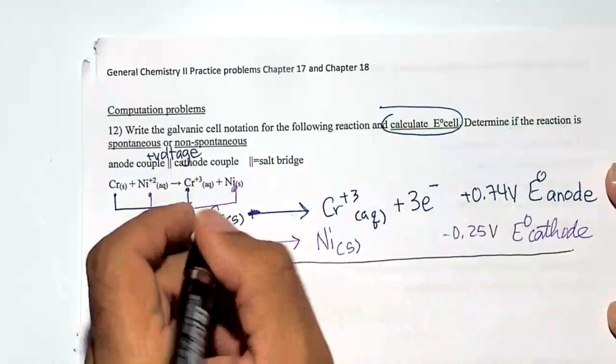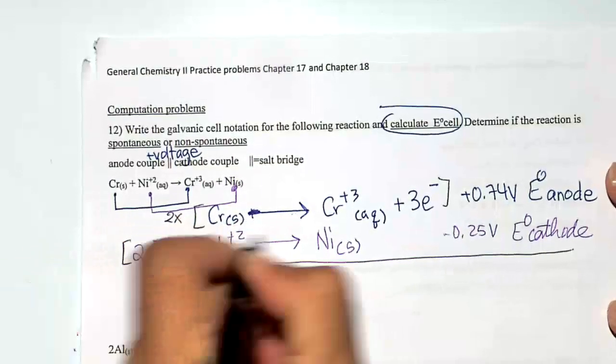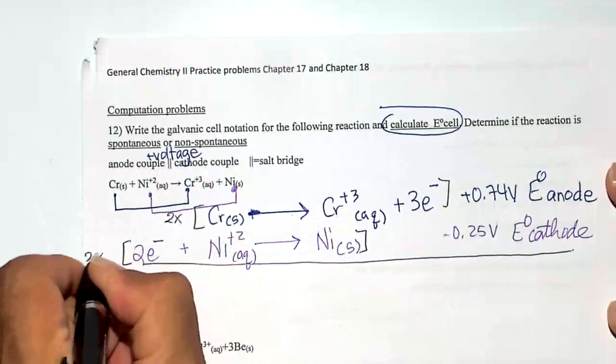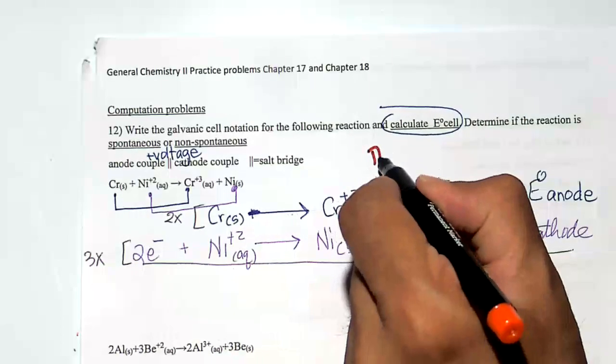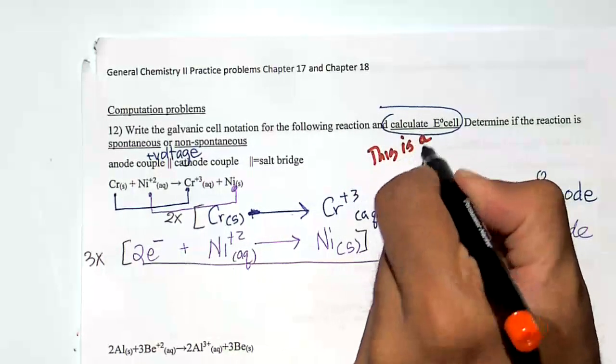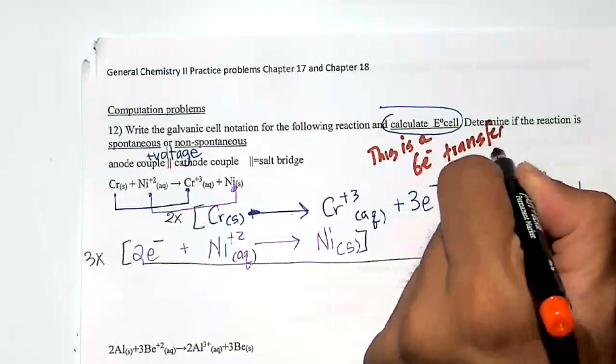Okay, we're going to add this up. We're going to multiply the top one by 2, and we're going to multiply the bottom one by 3. So how many electrons are being transferred in this reaction? This is a 6 electron transfer reaction.